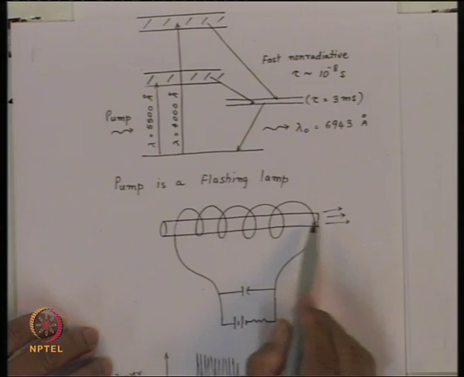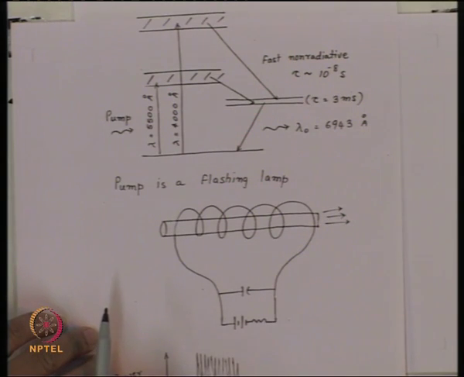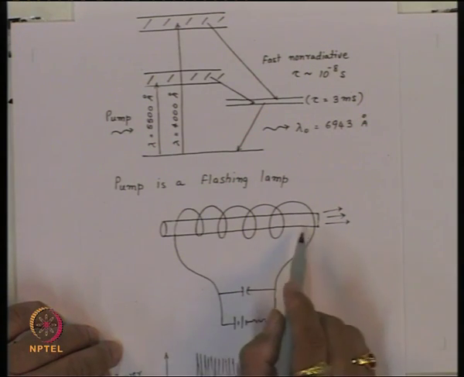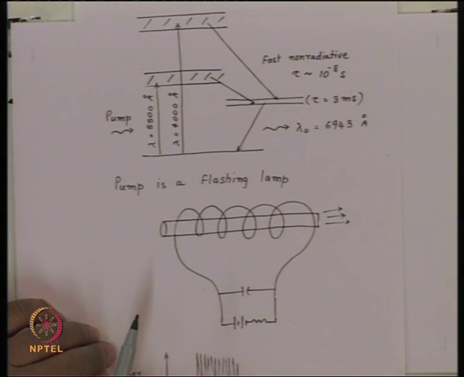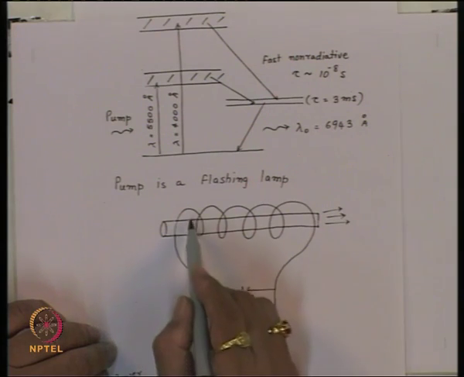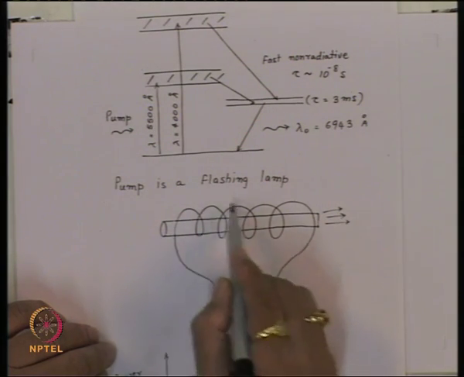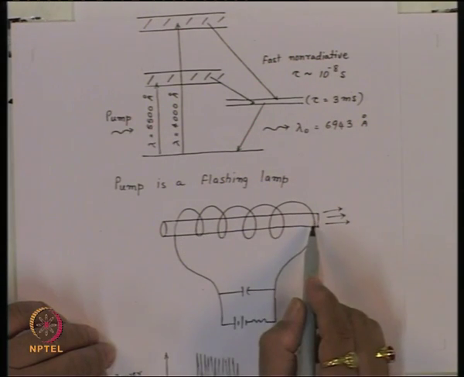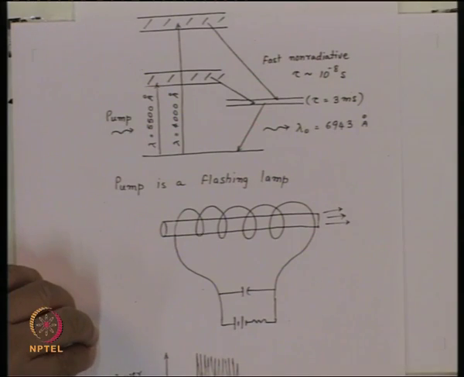So, you have a ruby rod which has energy levels appropriate for generation of light in the visible range, and then by exposing this rod to some flashing light, the population inversion is created inside this material.